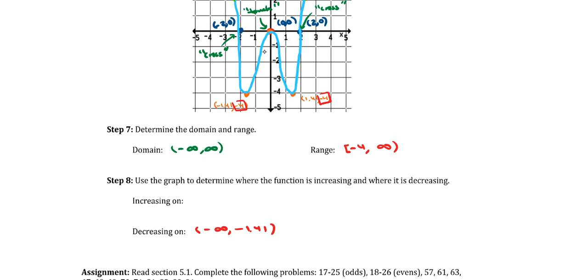So the x values that will correspond to that part of the graph that's increasing go from -1.41 to x equals 0. So you reach the local maximum, and then the next part of the graph is decreasing between the x values of 0 and positive 1.41.